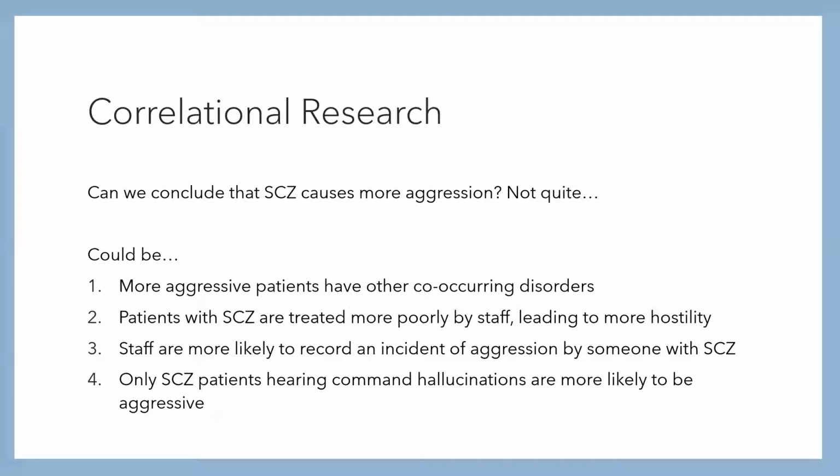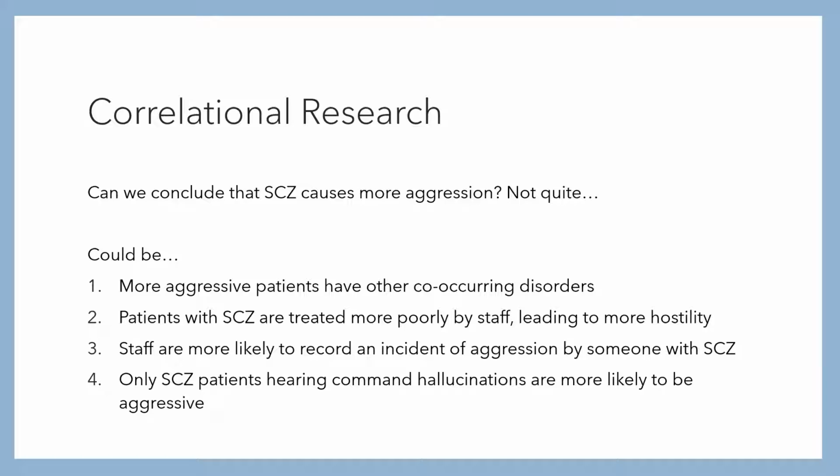We didn't randomly assign participants, and we couldn't, of course, and therefore we couldn't create equivalent groups, or groups that we at least know are equivalent, more or less, and therefore are much less likely to have third variable confounds such as co-occurring disorders, command hallucinations, etc. So, for example, more aggressive patients could have other co-occurring disorders, and that's the third variable, or only schizophrenic patients hearing command hallucinations are more likely to be aggressive.